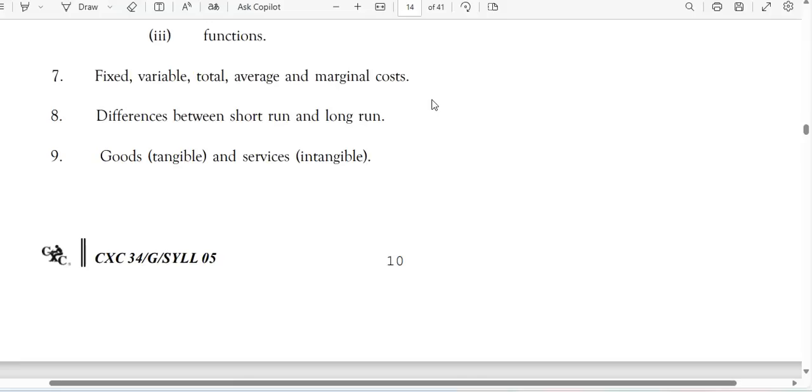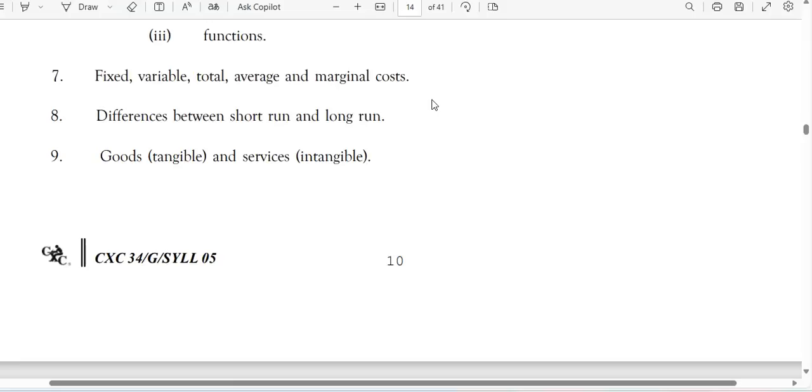Total costs. This is the sum of fixed and variable costs at any level of output. If fixed cost is $1,000, so you have to pay $1,000 for the rent, electricity, your loan repayment, and the variable cost is $500, then the total cost would be what? $1,500.